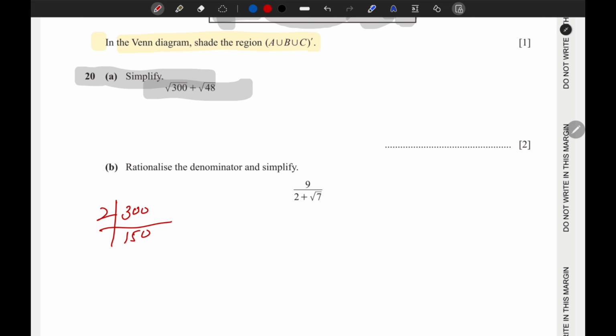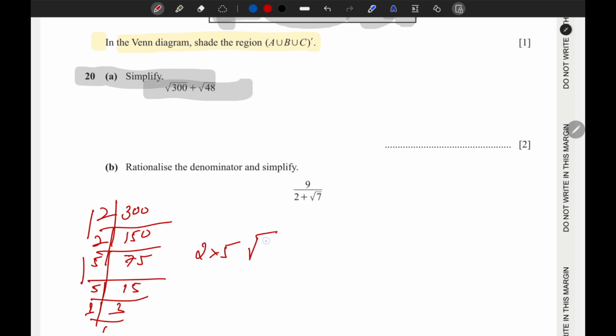Again divided by 2, this is 75. 75 we can divide by 5, so this is 15, which again goes by 5, which is 3. So 3, 1. Taking the pair out, 2 and 5 we have the pair, so we can write 2 into 5, and 3 will be under root, so this will be 10 root 3.